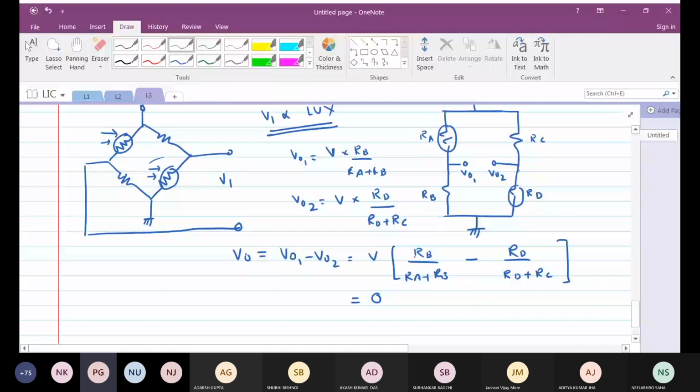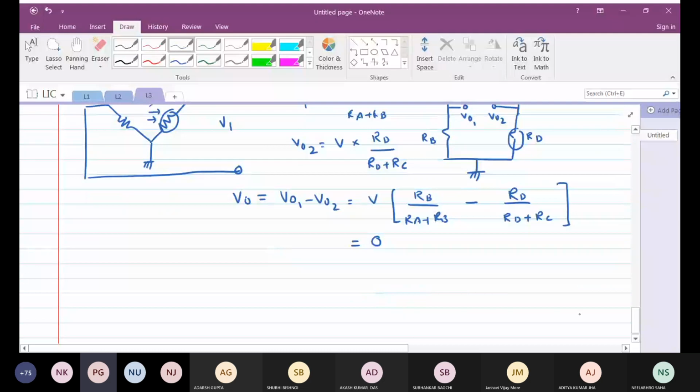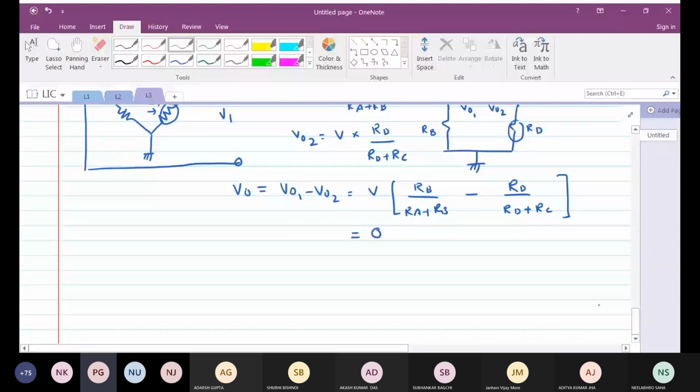RA might change, RD might not change. So there will be an unbalance. So your output voltage will no longer be 0. Understood? Yes. And so your output voltage will be proportional to the intensity of the light incident on the LDR. So this is a way in which you can make a very simple lux meter, a meter which measures the intensity of light.